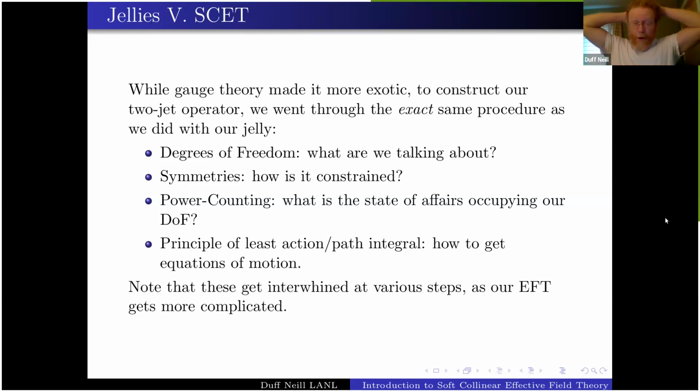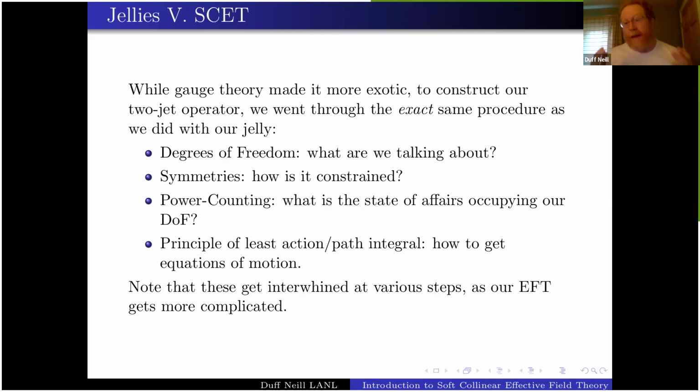So it's useful to go back and look at exactly what we did in the context of our discussion of jellies the previous week. While the addition of gauge theory made it more exotic, and basically because I'd said I have to deal with a gauge theory, it forced me to deal with these non-local objects like Wilson lines and so on and so forth.